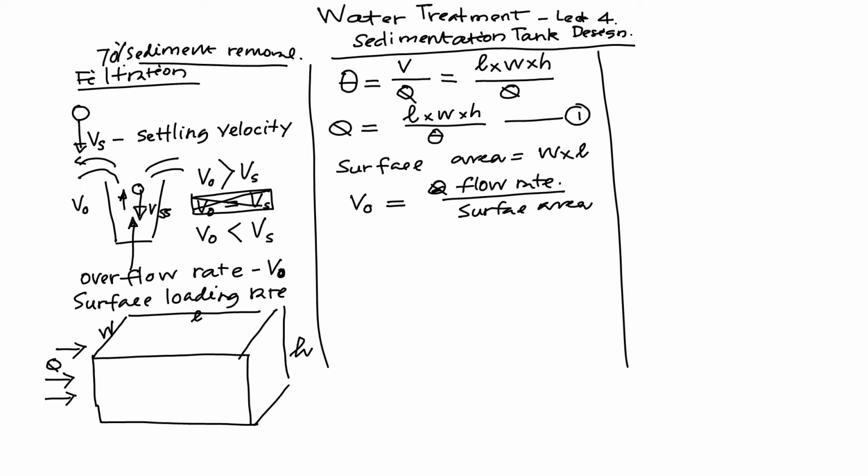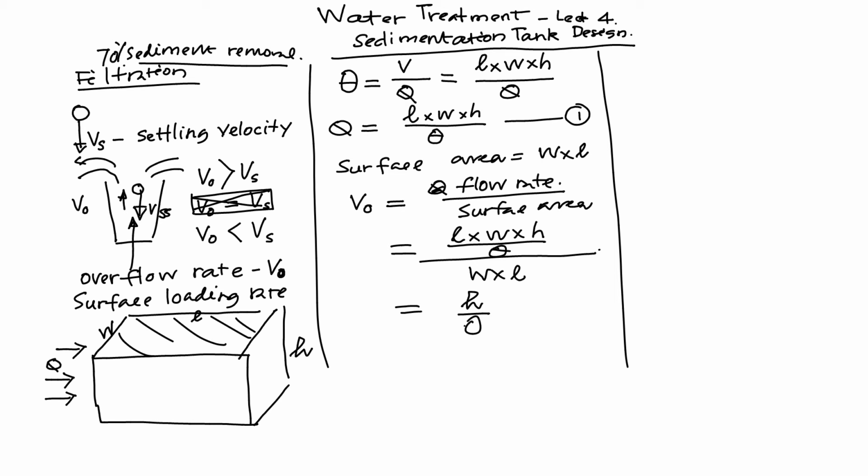That's what we considered when we were looking at that particular situation. So the flow rate is L W times H divided by theta, divided by the surface area, W times L. That is this surface area here. When you divide it, you get H over theta.